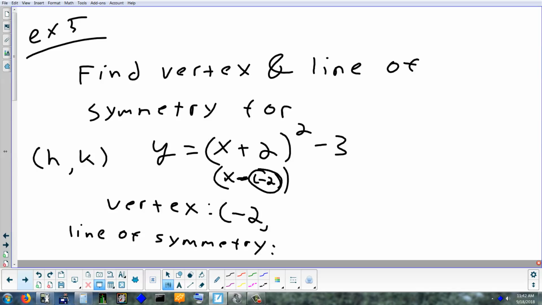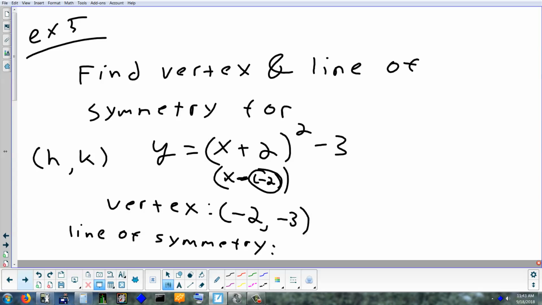So you've shifted left 2. And what other direction have we shifted besides left 2? Down 3. So the vertex, instead of being at the origin, is now left 2, down 3.